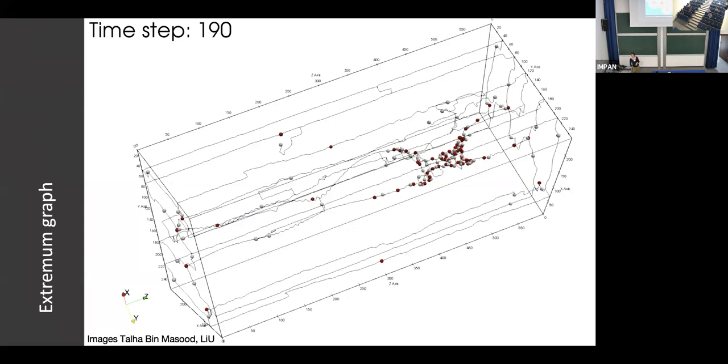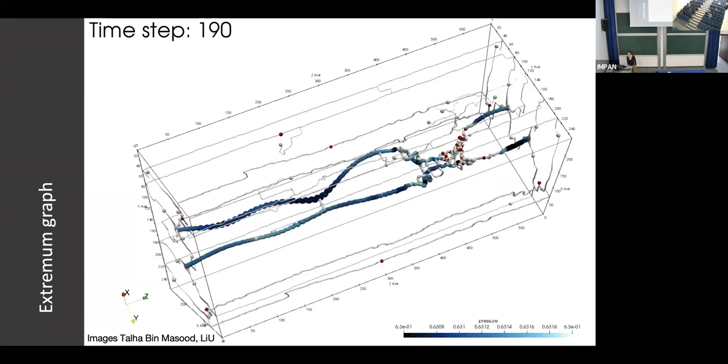So this is the extremal structure. All these bubbles represent the critical points, the minima and the saddle points, and all these gray lines are extremal structures. When we are looking here in the center, this is really what we are looking for, but there are a lot of other structures that we would like to get rid of.